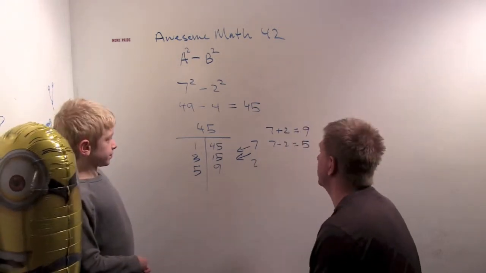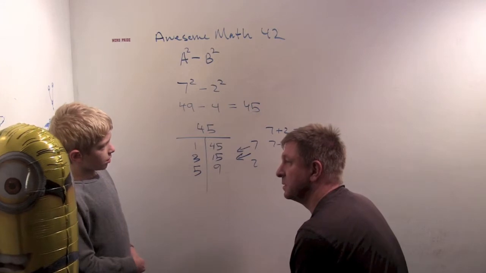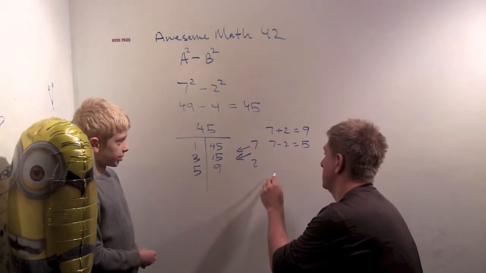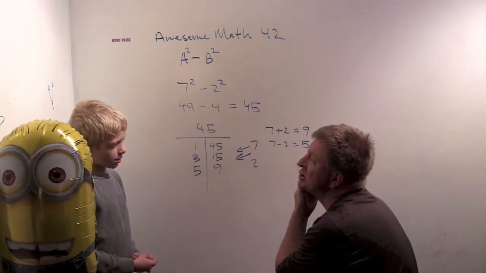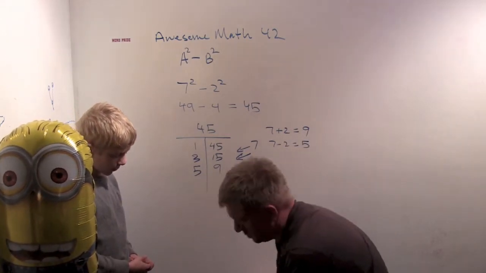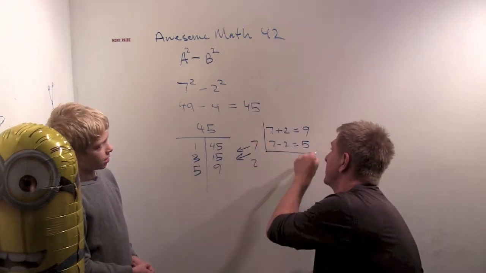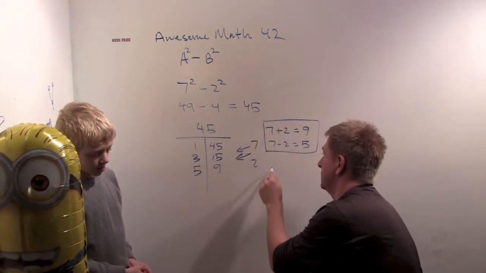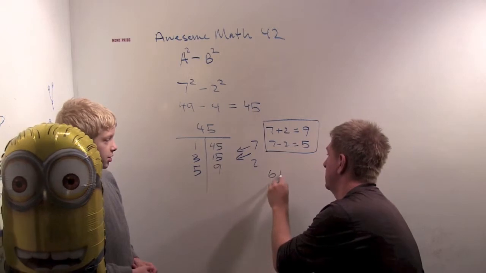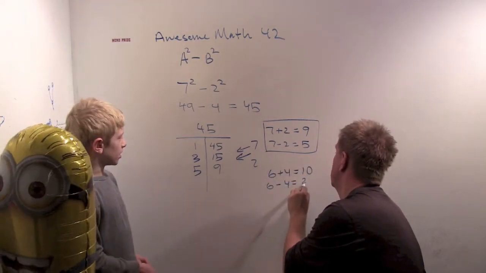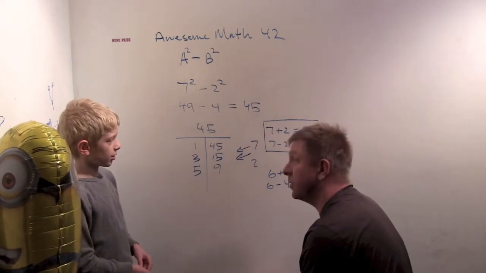Alright, well what would the same trick be for 6 and 4? It would get 10 and 2, though that was the middle one.